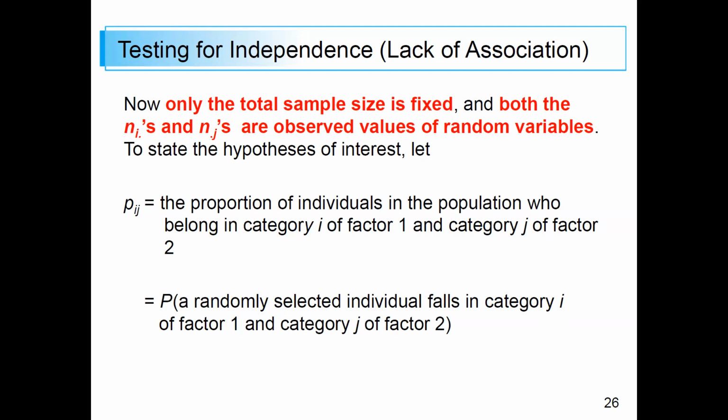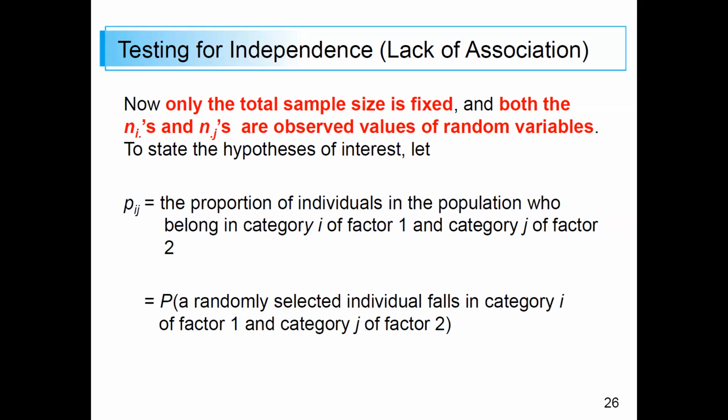Recall when we perform a test, we always consider what will happen under the null hypothesis, and if the null hypothesis does not hold, then what will happen? So we will compose a test statistic by coming up with two quantities, one under the null hypothesis, the other one that does not require the null hypothesis to hold, and compare these two quantities.